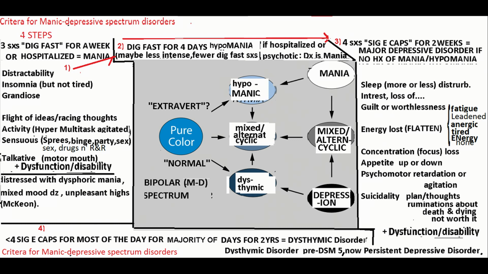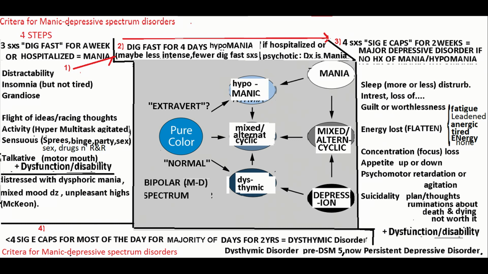But the same criteria apply in manic depressive disorder, which has the same signs as unipolar depression. So with this major depressive disorder, if you have mania or hypomania with it, then it's bipolar 1 or bipolar 2. But whether it's depression in bipolar disorder or unipolar disorder, the symptoms are the same.